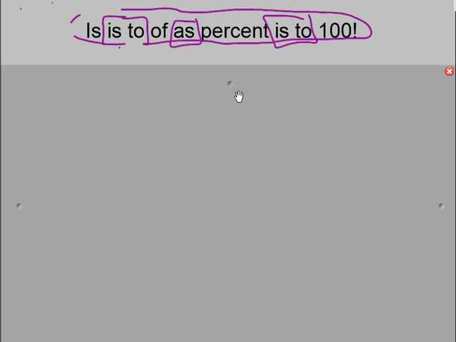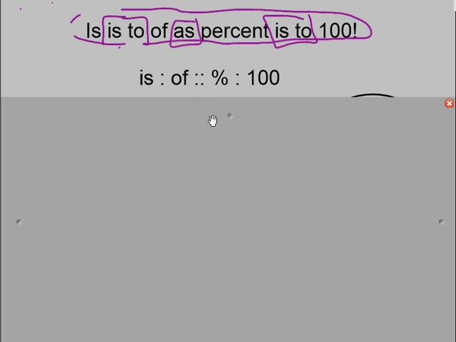Another way to write an analogy is with colons. Is, this single colon means is to, of, this double colon means as, percent is to 100. So the first half of our analogy is and of, and we can use that to set up a fraction.